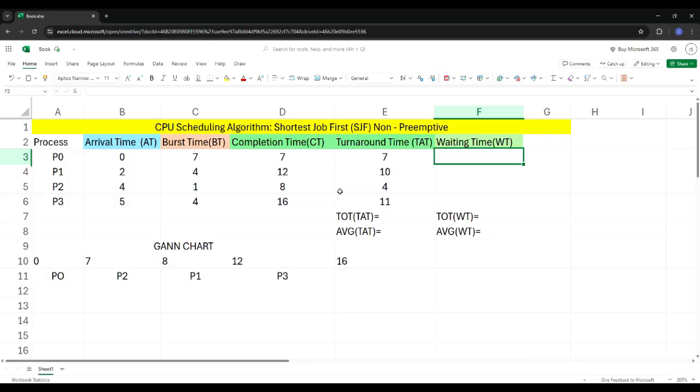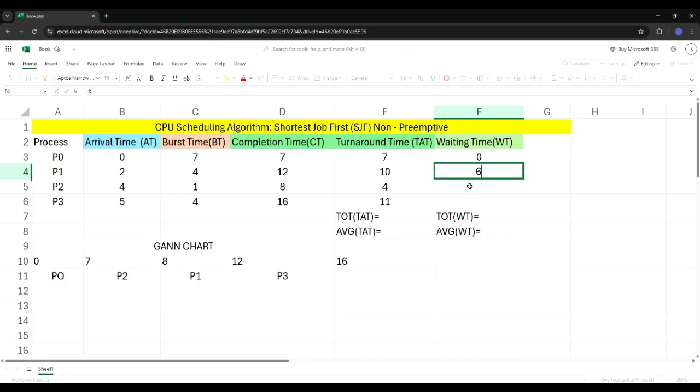Next is the waiting time. How do we get that? You subtract the burst time from the turnaround time. P0 is 0, because the turnaround time is 7 and the burst time is 7. 7 minus 7 equals 0. P1 is 6, because the turnaround time is 10 and the burst time is 4. 10 minus 4 equals 6.